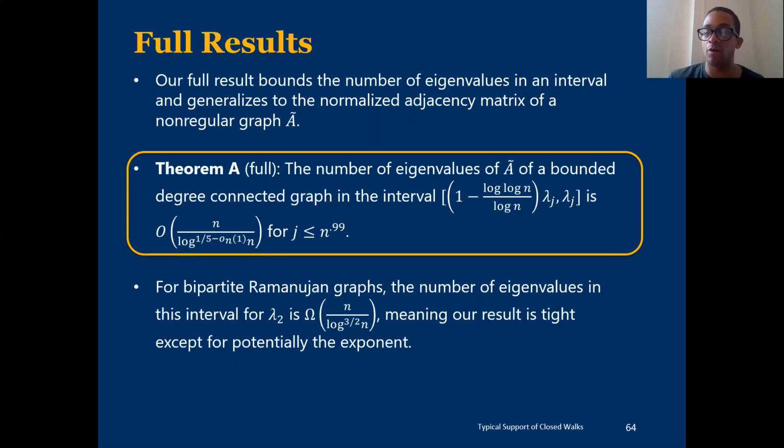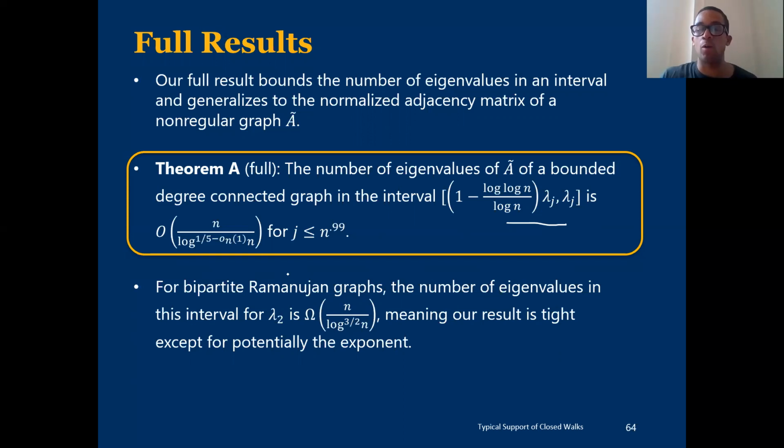The other way that our result generalizes beyond what I've expressed is that we bound the number of eigenvalues in a given interval, and we can actually bound eigenvalue multiplicity for any index, as long as the index is less than or equal to n to the 0.99. So just these edge eigenvalues near the edge of the spectrum.